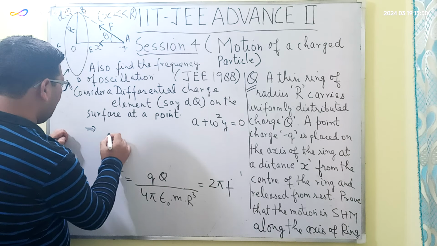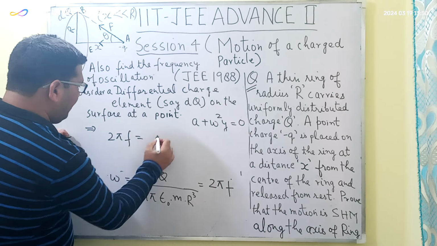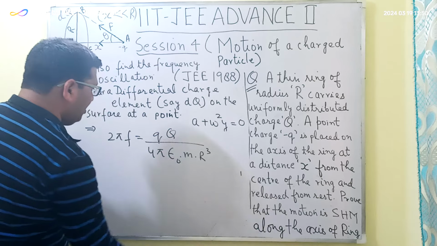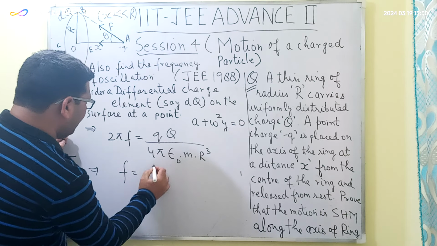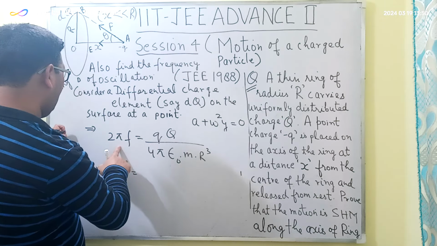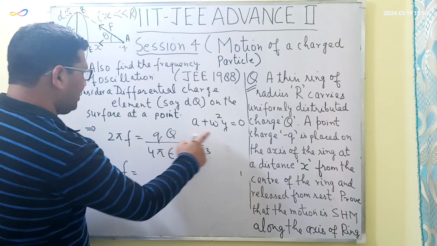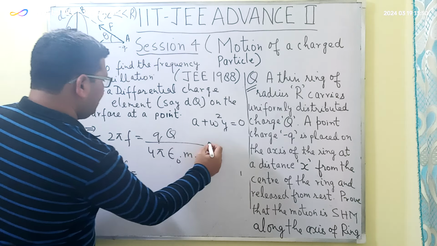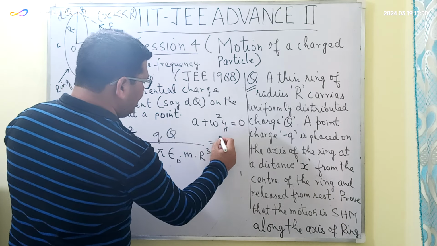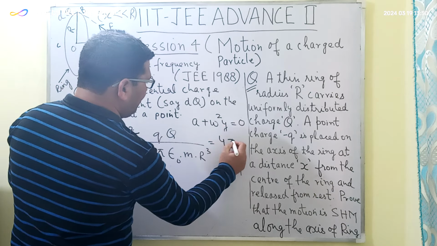The frequency of oscillation: ω² was equal to qQ divided by 4πε₀ m R³, and ω is equal to 2π/T, so ω² will become 4π²f².